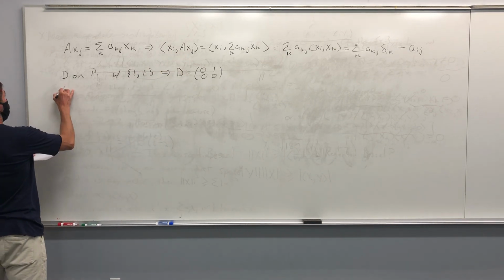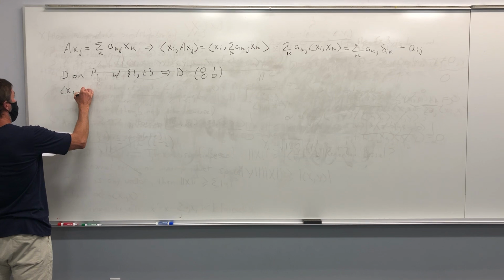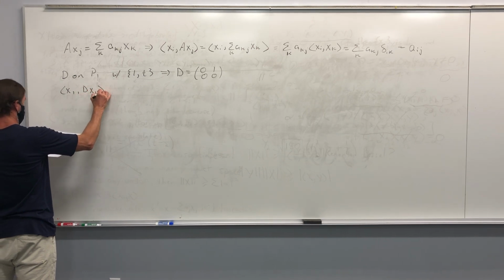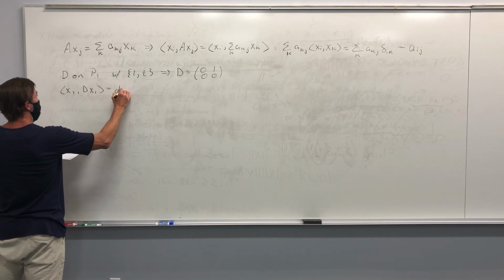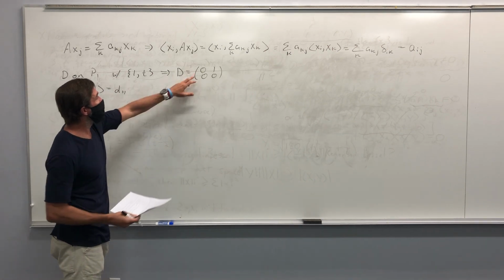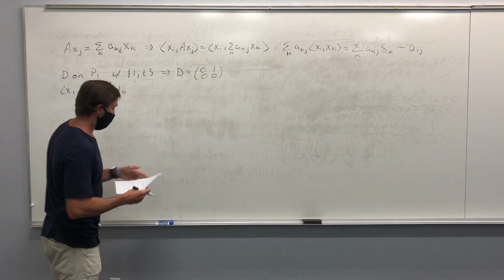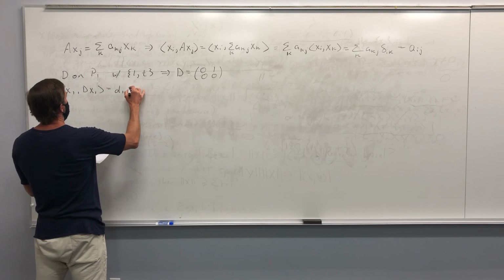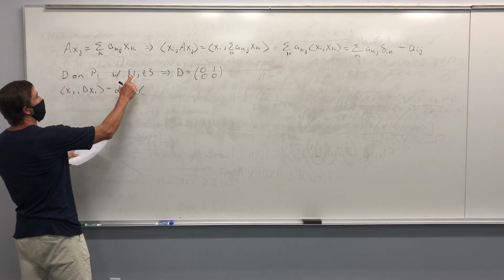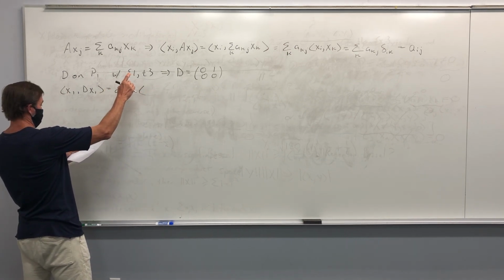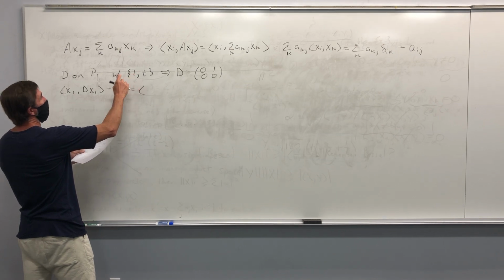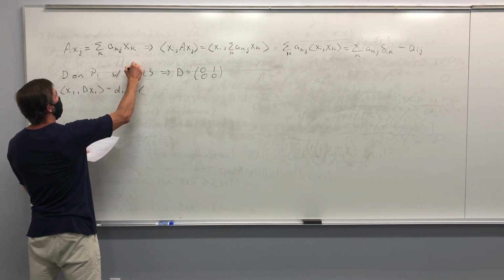So what we can do is we can say, okay, x1 and dx1 should be the value of the matrix d11. Let's see. Sorry, I'm going to call this x1 and this x2.